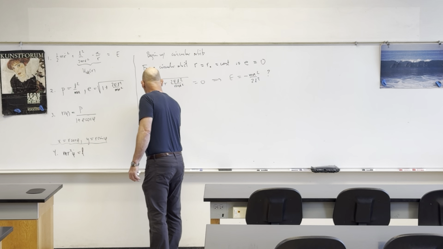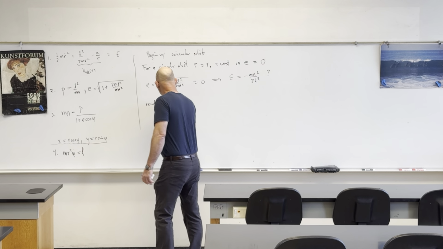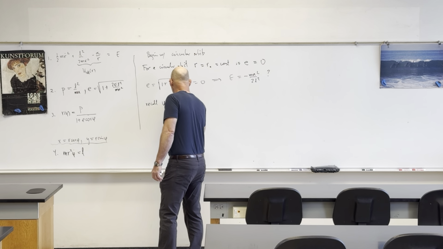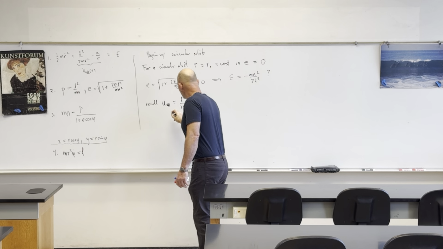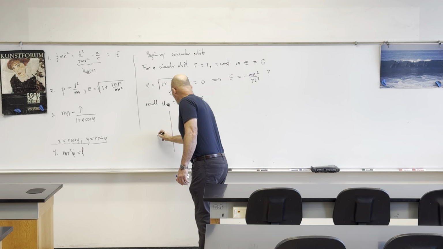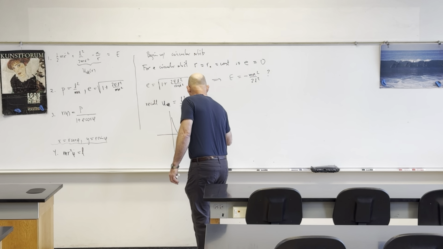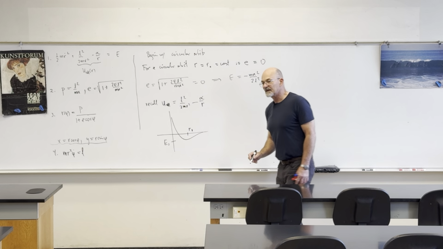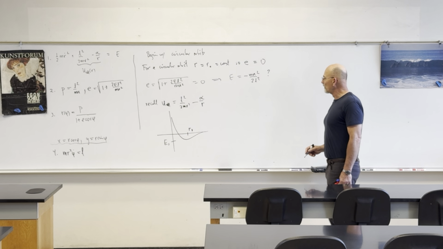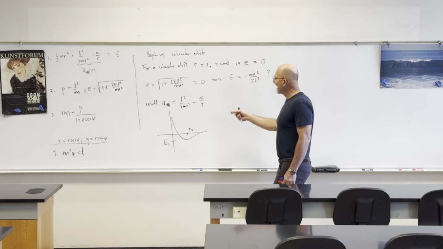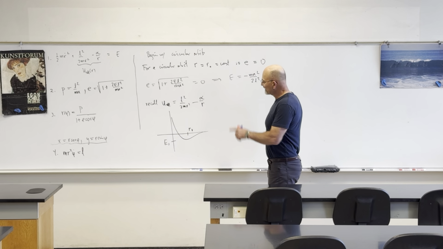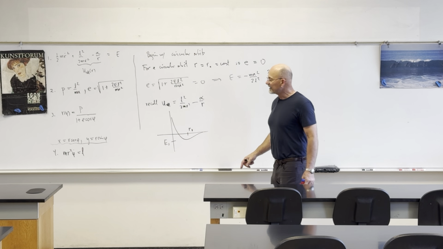So let's recall U effective equals L squared over 2mR squared minus alpha over R. And I'm even going to sketch it, because there's your R0 and there's your E sub 0. So both of these quantities are something we actually had without doing this calculation, and let's make sure they work out.